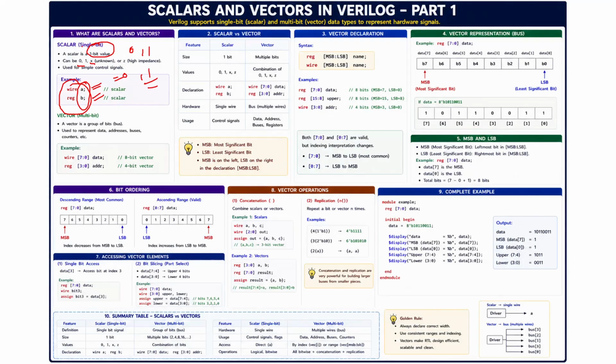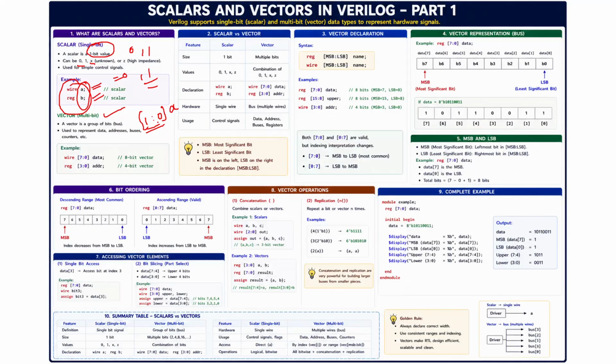Then this is the scalar representation. Now if I want to store values of more than 1 bit, then we can go for vector. Vector means it can store multiple bits. How do you represent a vector? Suppose a is a variable, and I want to represent 2 bits, 1 down to 0.